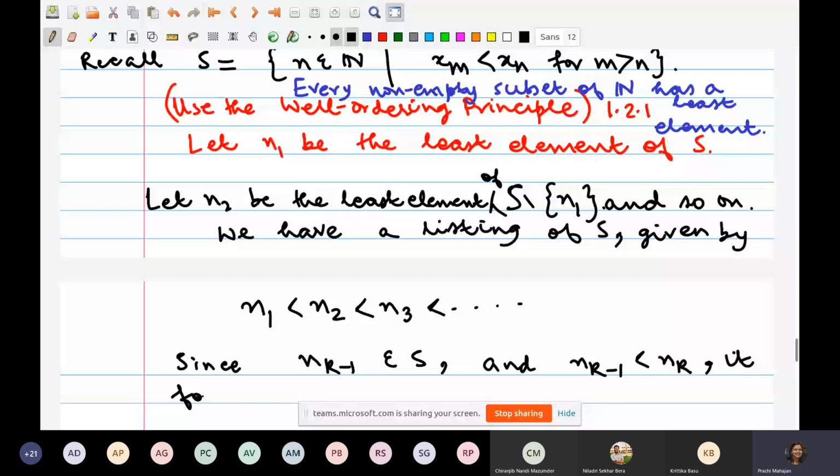Which terms do I want to control? x_{n_k} and x_{n_{k-1}}. So for all k, x_{n_k} would be strictly less than x_{n_{k-1}}. This is just from the definition of S.